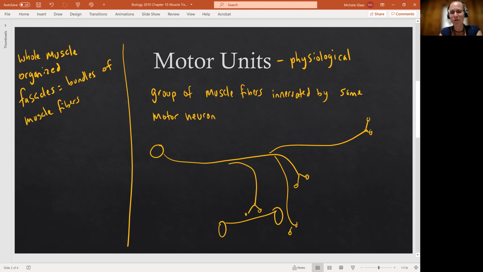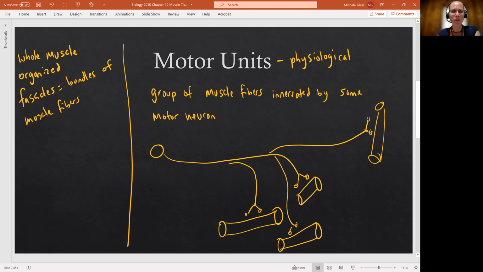So just for simplicity's sake, I'm going to draw my picture like this, where I have a single motor neuron, but I'm drawing it having 1, 2, 3, 4 different branches. And so I'm showing it connecting to 4 different muscle fibers. And this is a pretty clumsy picture because it looks like, okay, what's the relationship of these 4 muscle fibers?